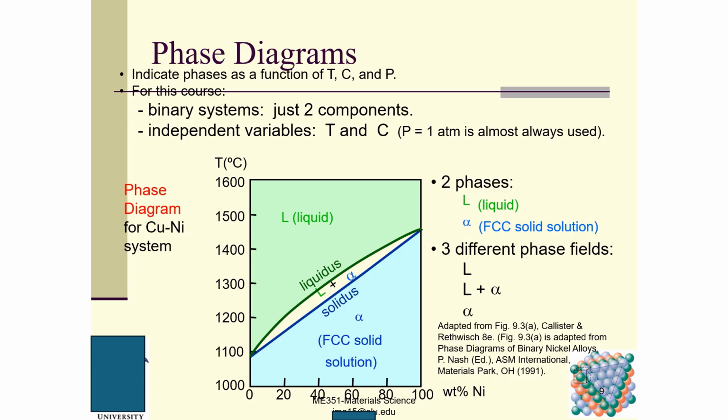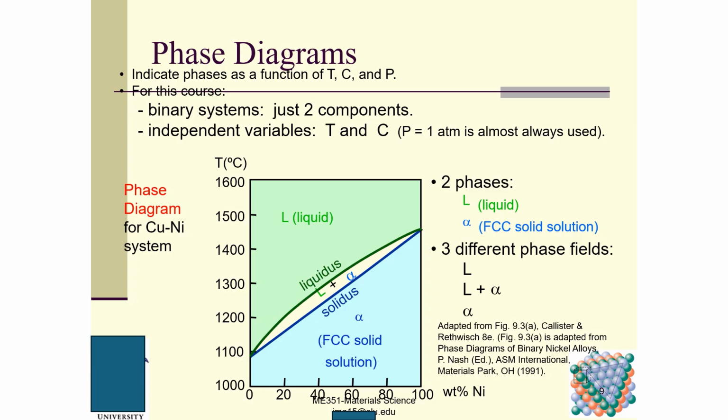So here are the two phases, liquid and alpha, an FCC solid solution, and three different phase fields. One is liquid above the liquidus curve, alpha below the solidus curve, and between the liquidus and solidus curves we have two distinct phases, alpha plus L.